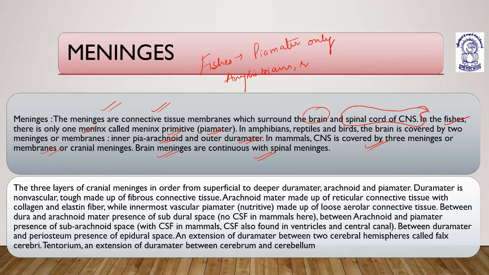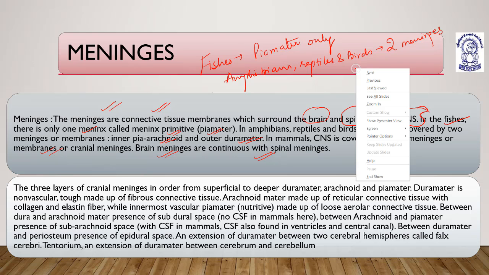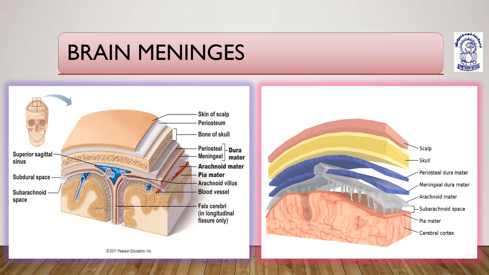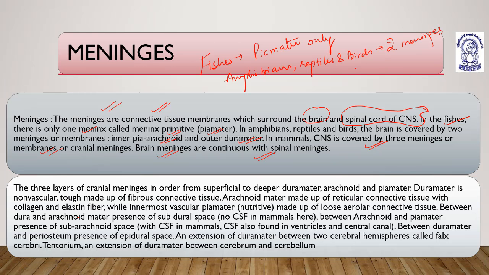In amphibians, reptiles and birds, two meninges: pia mater and arachnoid are fused, and the outer is dura mater.